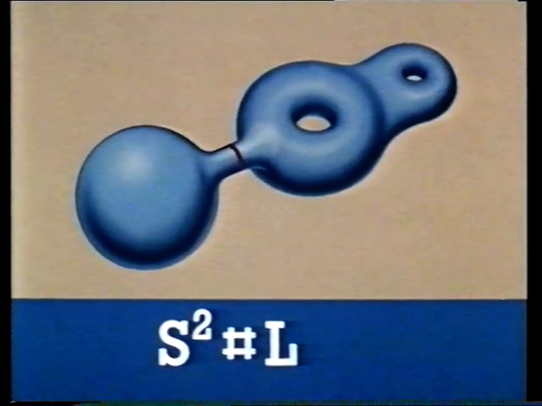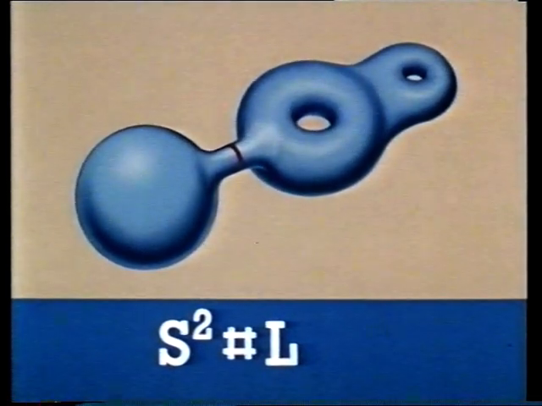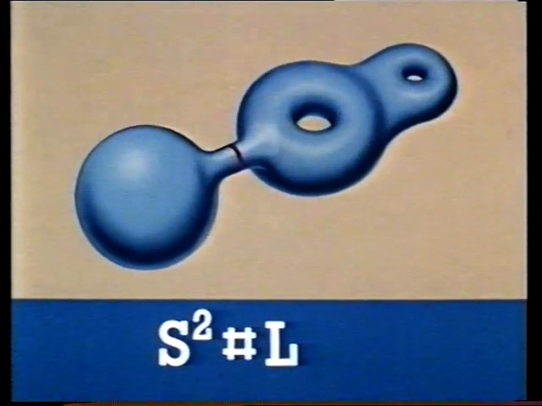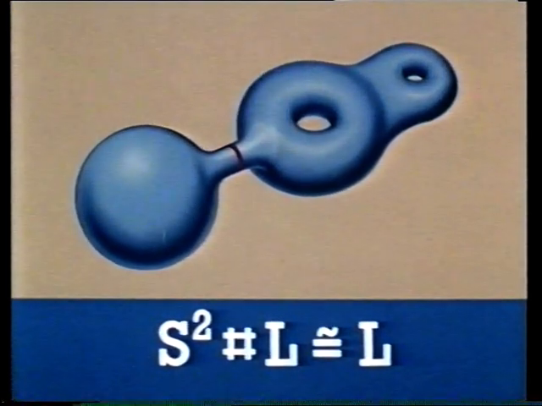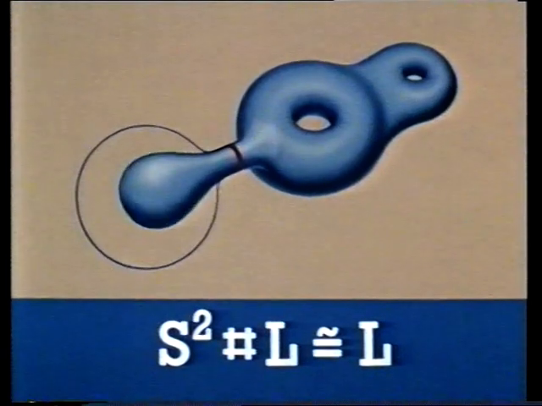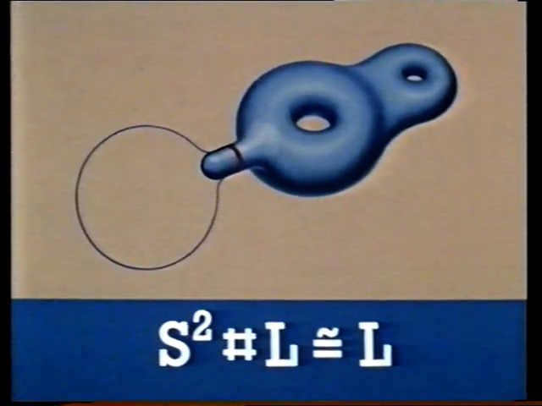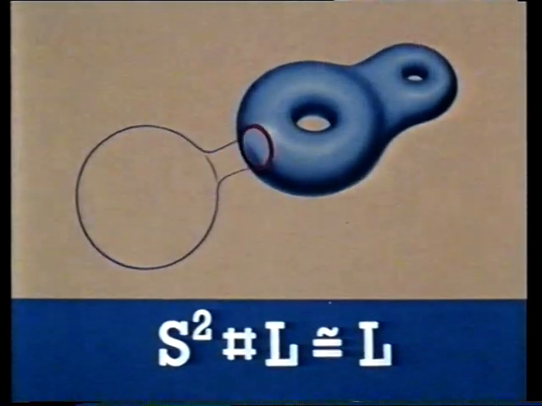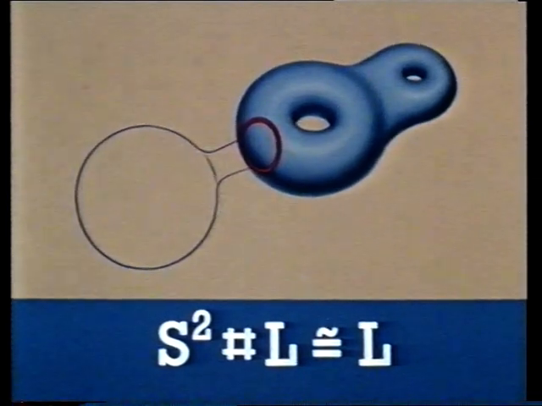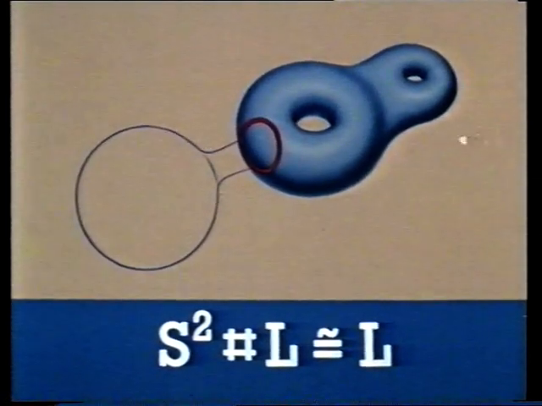You've already seen the connected sum of the sphere with the 2-hole torus, but topologically this is still the 2-hole torus L. You simply have to shrink the sphere and push the tube in. You can see, in fact, that this argument doesn't depend on using the 2-hole torus.